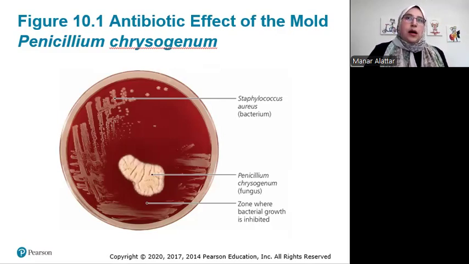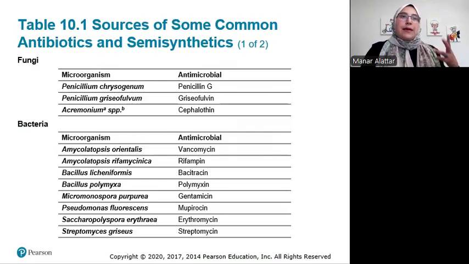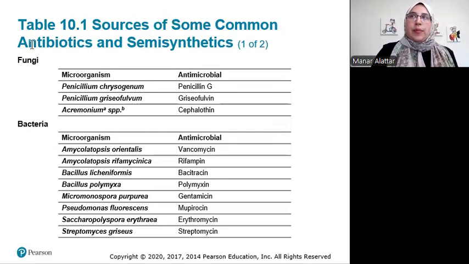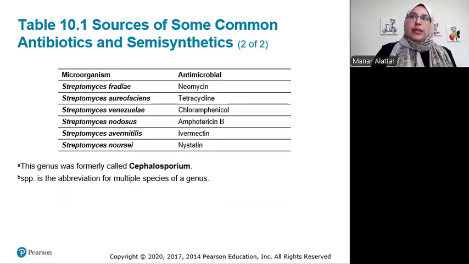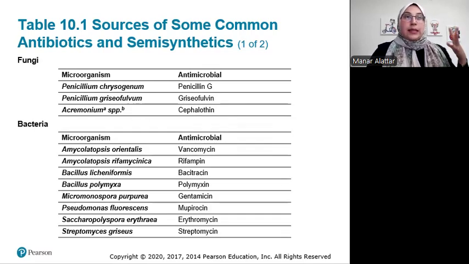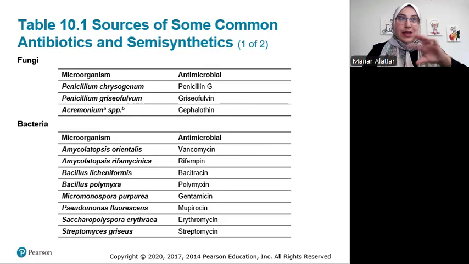Now, we're going to talk more about specific antibiotics, but remember that many of them are coming from natural sources. Just like penicillin comes from a mold, there are a number of fungal organisms and bacterial organisms, and you can see the list here, that are producing these antibiotics that we base our understanding of antibiotics on.